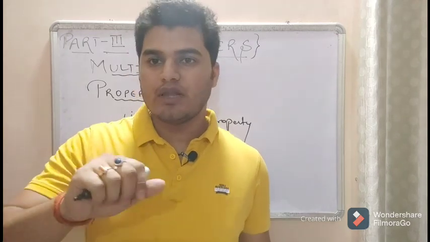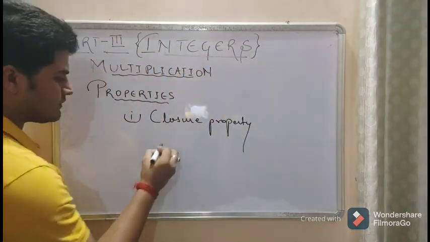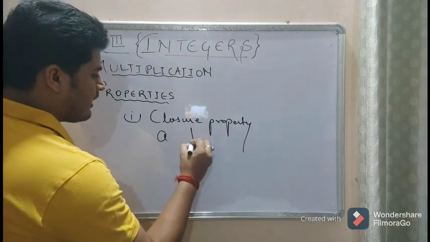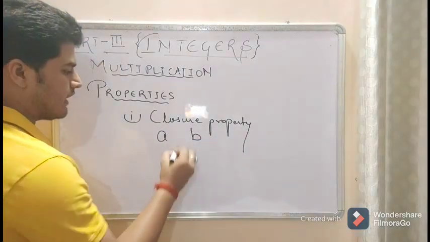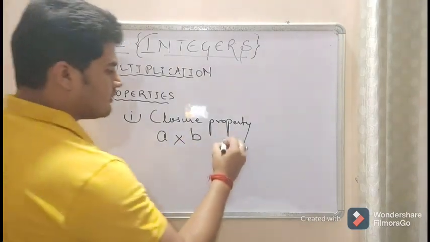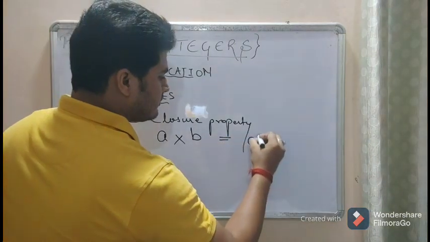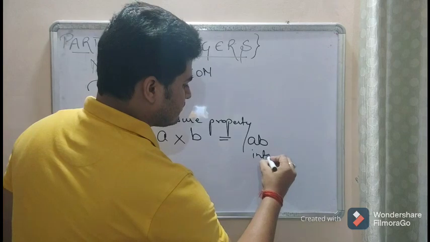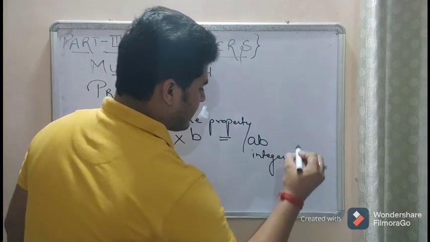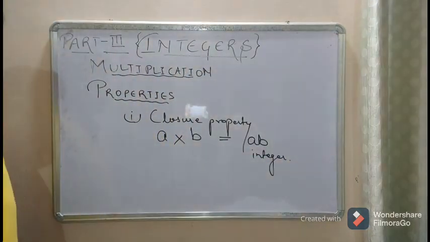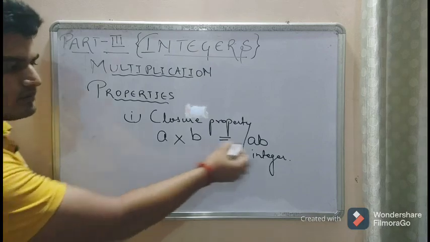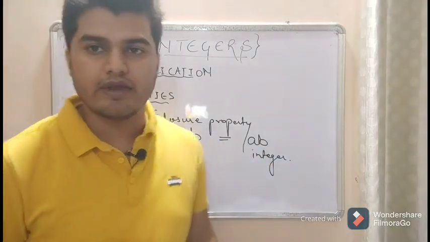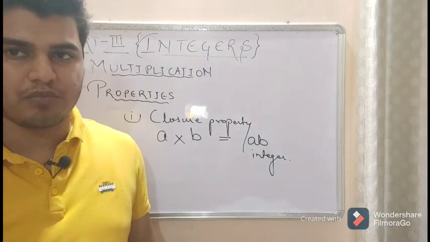When you multiply 2 integers, let us suppose a and b, the result is also going to be an integer. The product of 2 integers is also an integer. This is called the closure property.